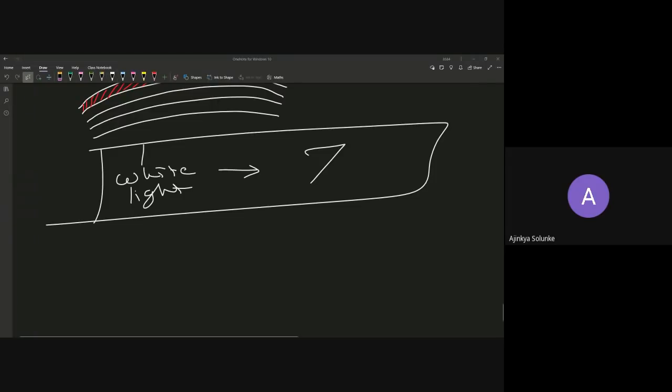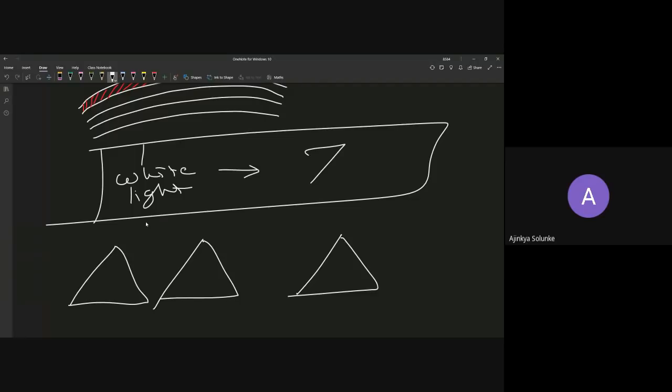Maybe with such an arrangement, if one prism can create 7 colors, then if 2 prisms are used, I might even get 49 colors. Who knows? He thought that maybe I will be getting some more colors.